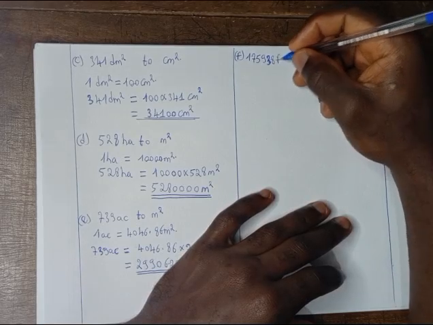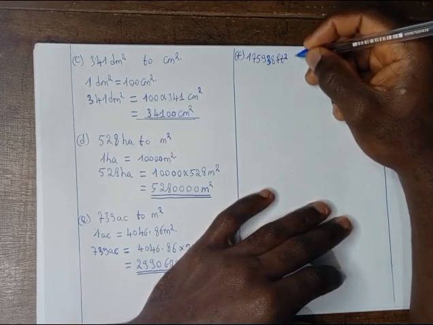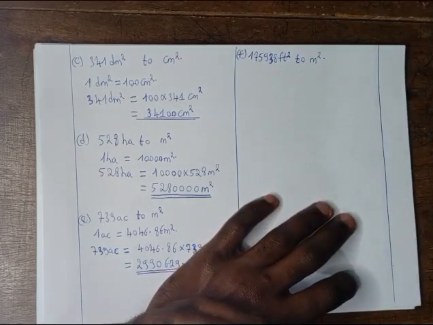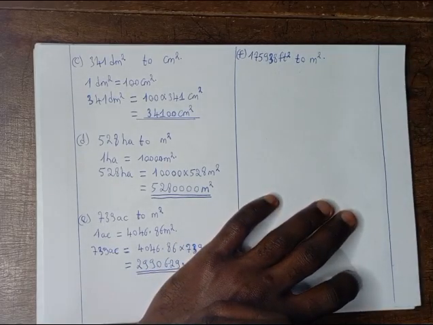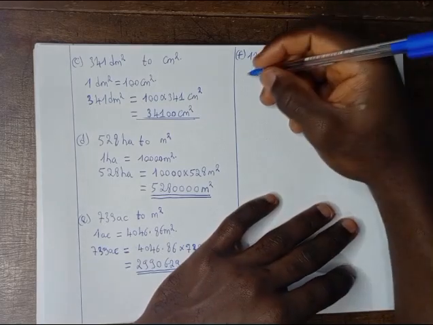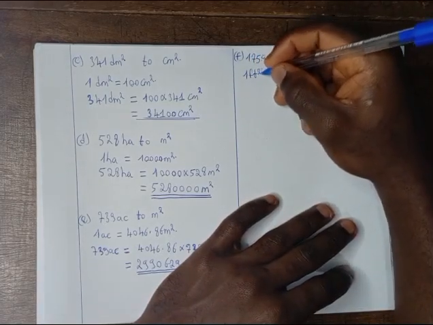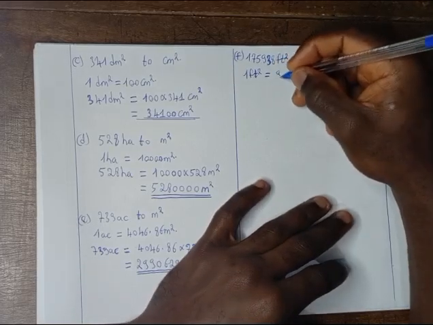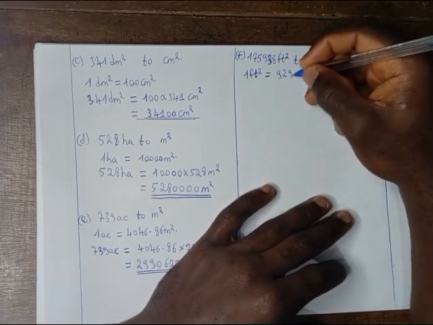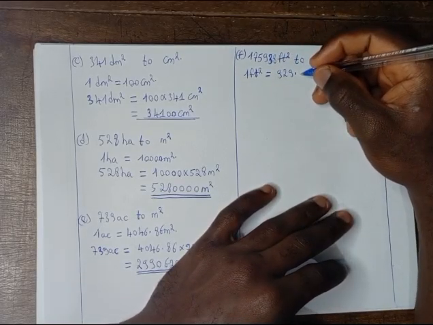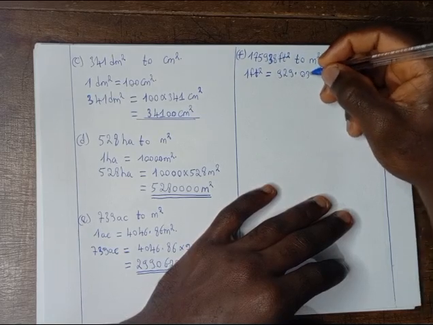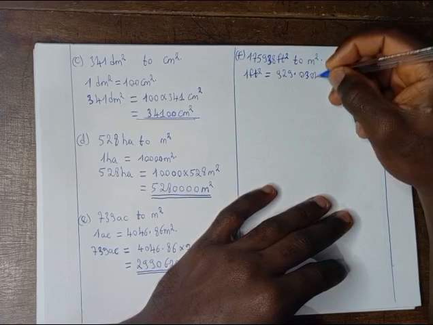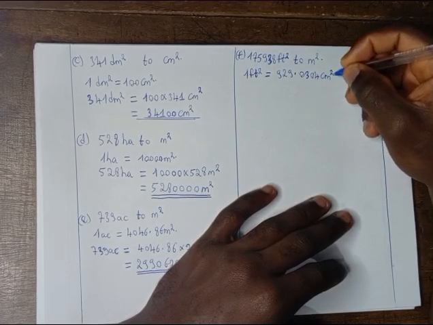We have 175,938 foot squared. We have to change this to meters squared. First, we know that 1 foot squared is equal to 929.0304 centimeters squared.